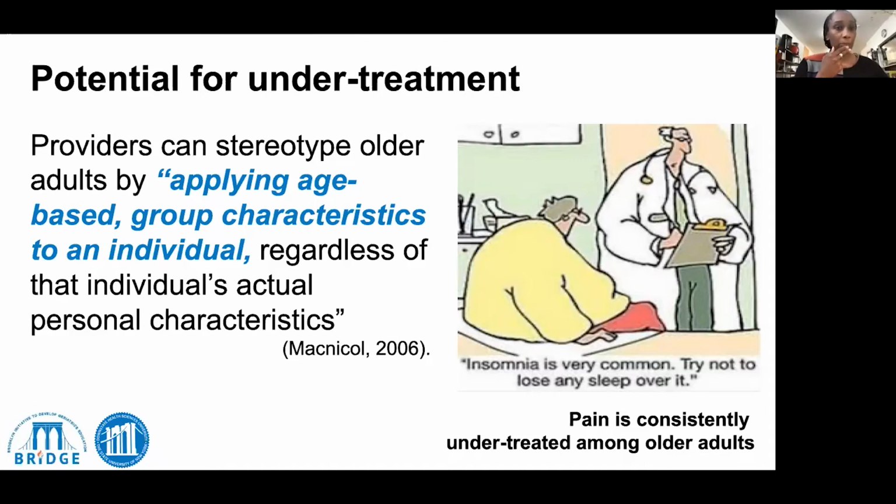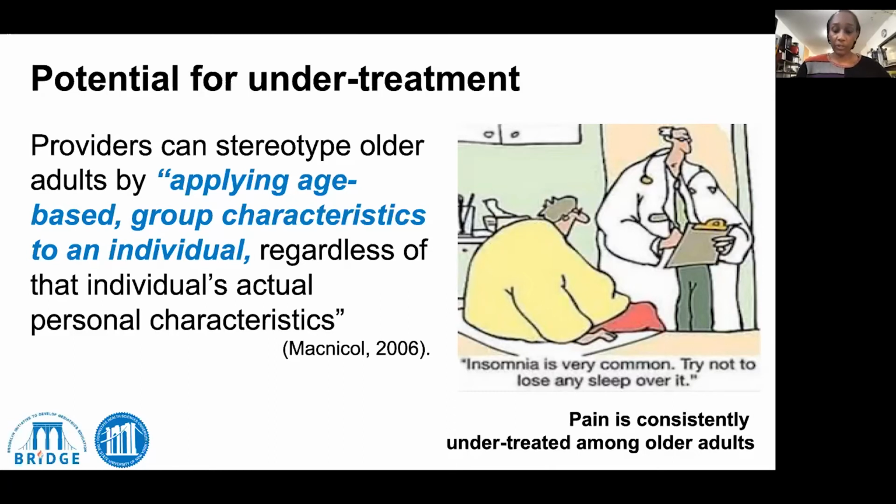We might not think that if someone is complaining about a sexual health issue or something else, that's really important because, well, they're older, so they're really not having sex. And that's the problem. Often we can undertreat.